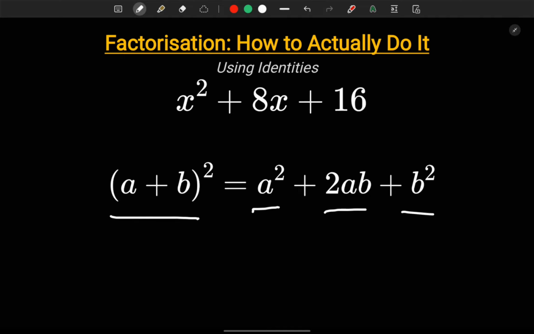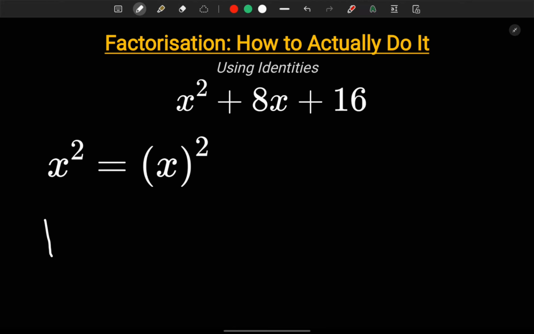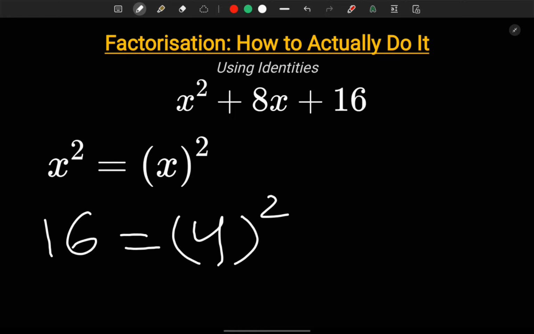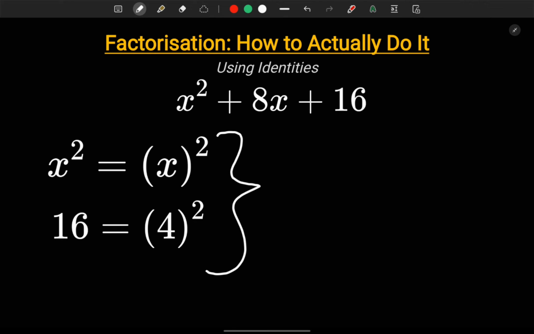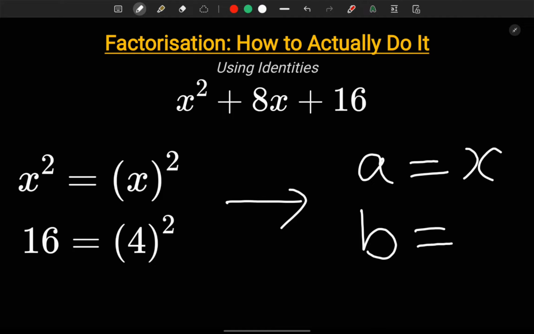Keep this in mind. We can write x squared as x squared, and we can write 16 as 4 squared. Now, keeping these in mind, we can substitute the values of a and b in the identity. So, we can take the a value as x and the b value as 4.